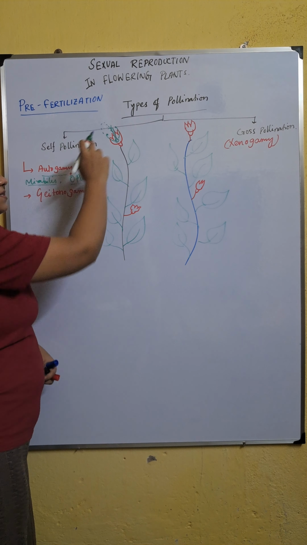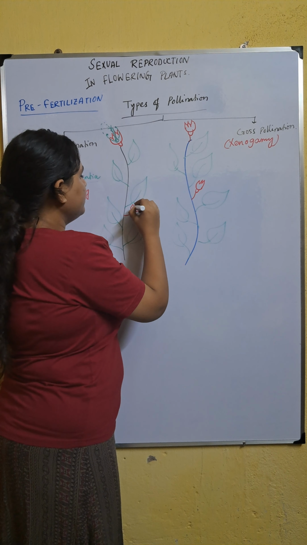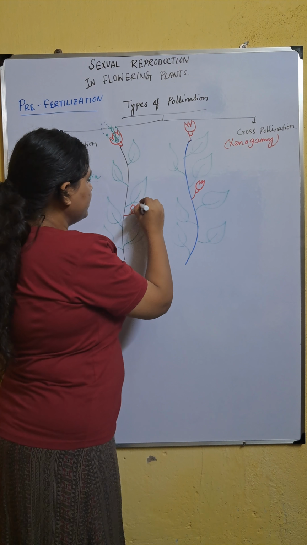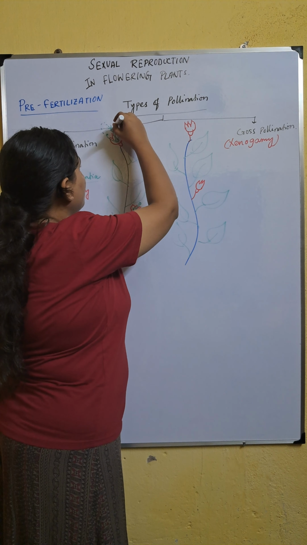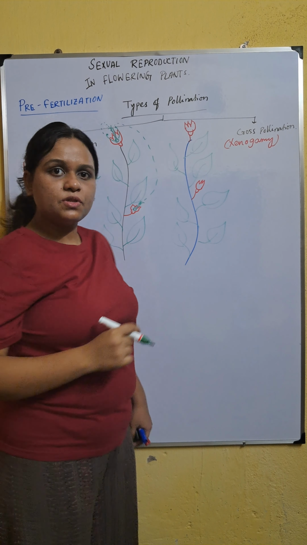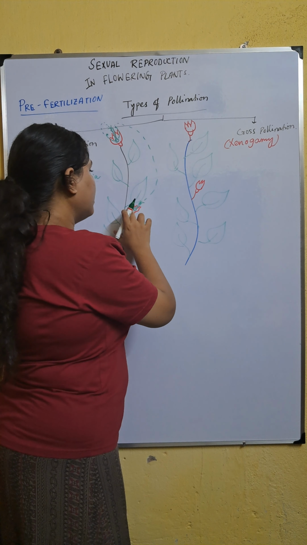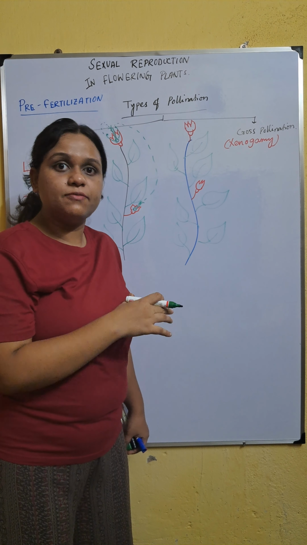So now if this is autogamy, then what is geitonogamy? Here, in the same plant, if it is the stigma, the pollen grain from this anther will come to that stigma. The same flower will not get any pollen grain from that flower.